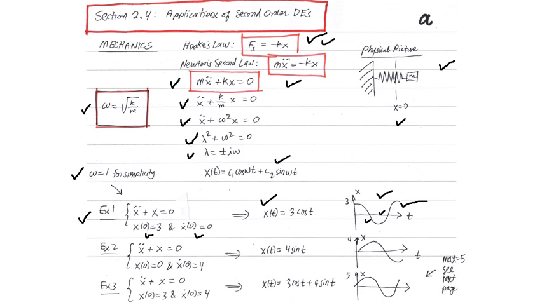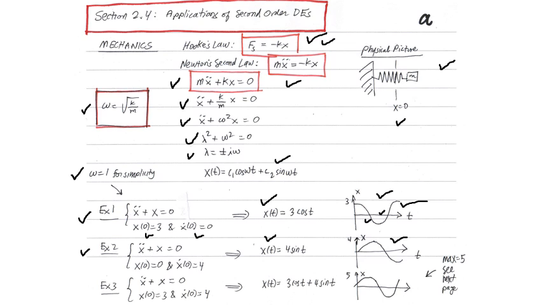If we change the initial conditions a little bit and leave everything else the same, we get another pure oscillation, in this case a sine type function.